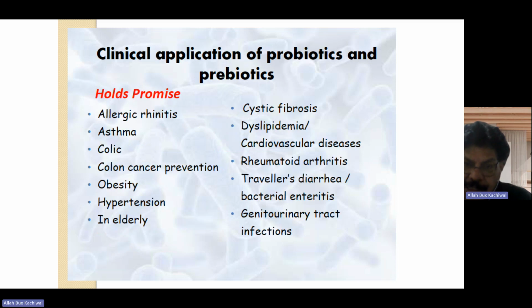The clinical application of probiotics and prebiotics also holds the promise to cure allergic rhinitis, asthma, colic, colon cancer prevention, obesity, hypertension, the elderly, cystic fibrosis, dyslipidemia, cardiovascular diseases, rheumatoid arthritis, travelers' diarrhea, bacterial enteritis, or genitourinary tract infections.